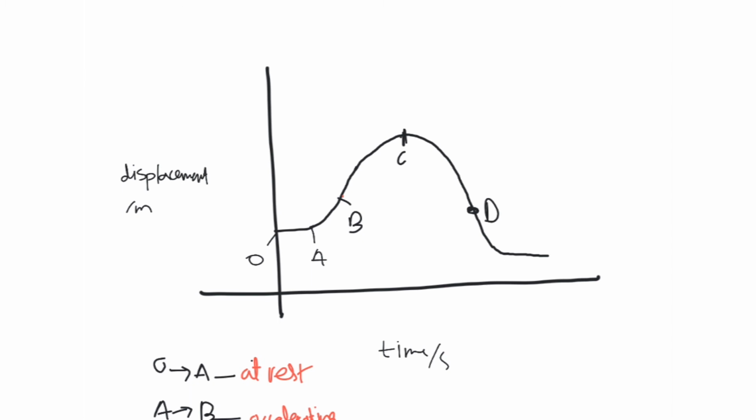That is possible if it is traveling towards the initial point. So from here we can say that from C to D the object is actually coming towards the initial point, and also if you see the gradient is actually increasing. So we could also say that it is accelerating towards the initial point.